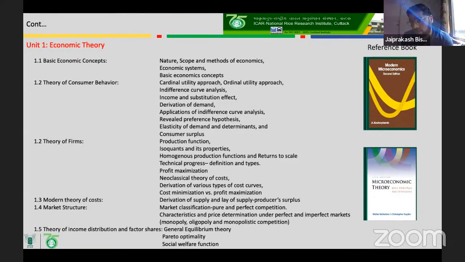So you should be very thorough in microeconomics with the mathematical expressions, theory, and your diagrams. If you are thorough with all these things, you will get 100% marks. If there are any questions in microeconomics in the mains examination, definitely you will get 100% marks.